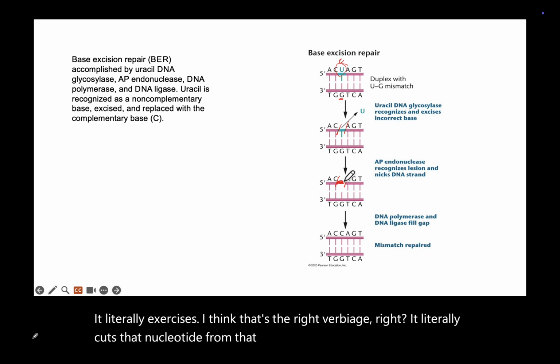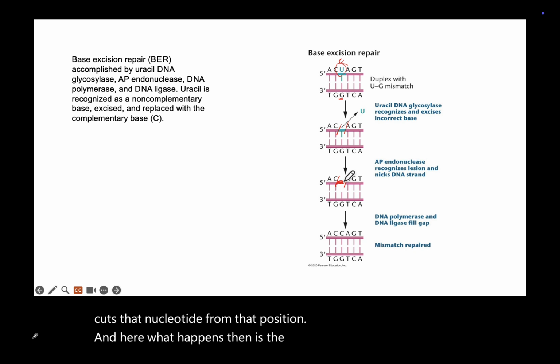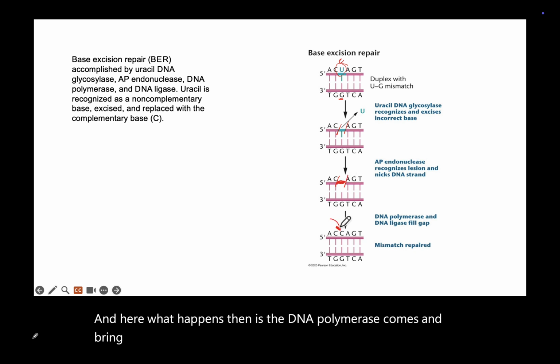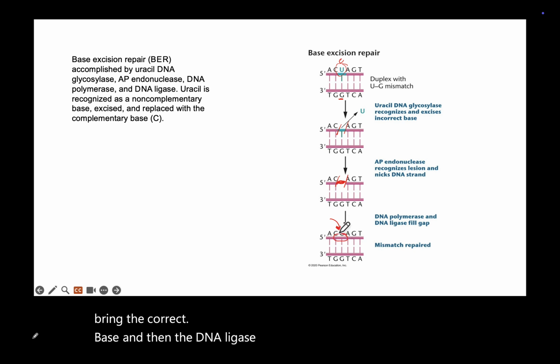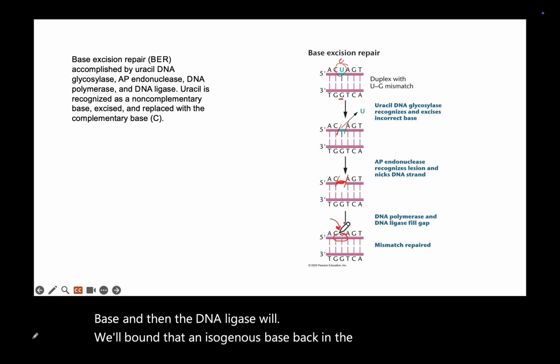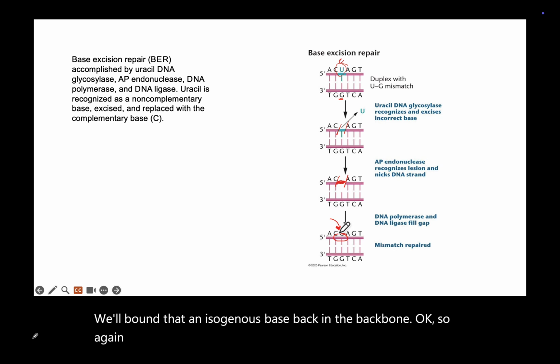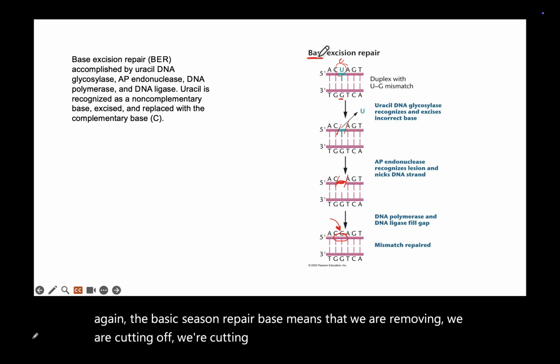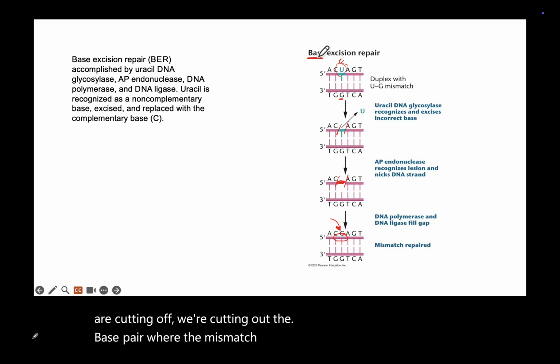And here, what happens then is the DNA polymerase comes and brings the correct base, and then the DNA ligase will bond that nitrogenous base back in the backbone. Okay? So again, base excision repair, base means that we are cutting out the base pair where the mismatch, where the lesion, where the mutation occurred.